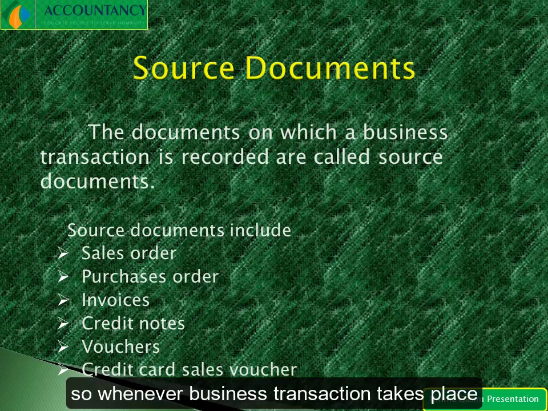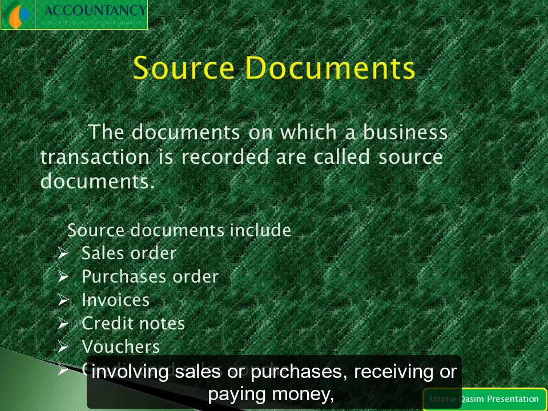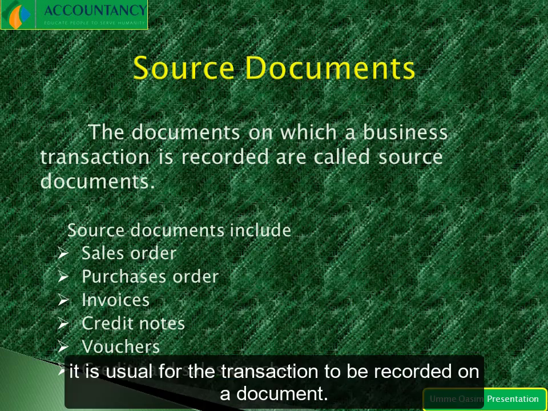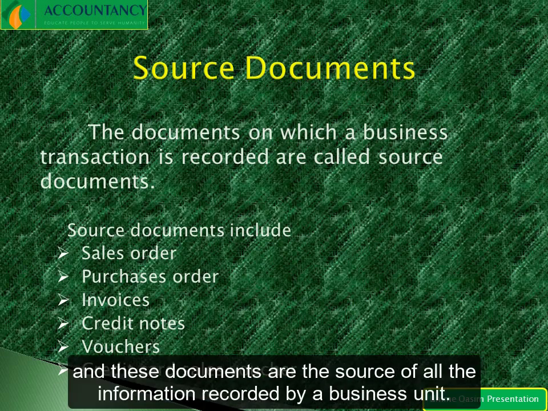So whenever business transaction takes place involving sales or purchases, receiving or paying money, owing or being owed money, etc., it is usual for the transaction to be recorded on a document. And these documents are the source of all the information recorded by a business unit.